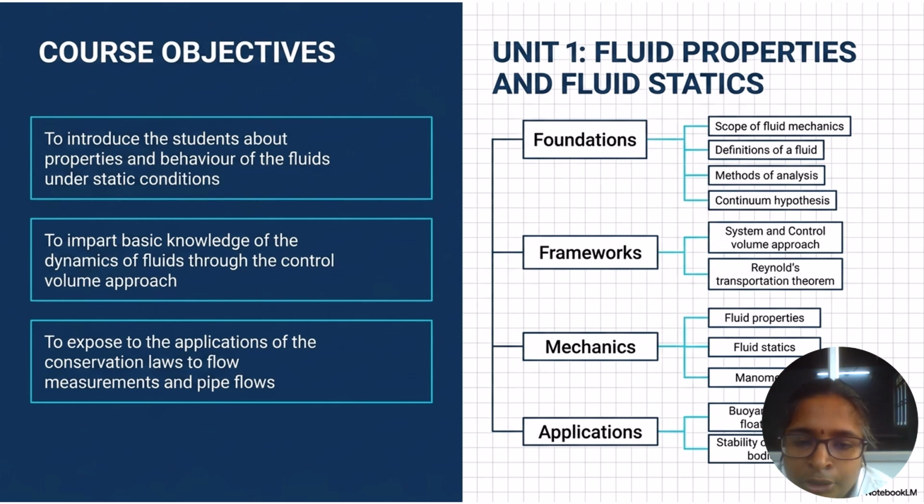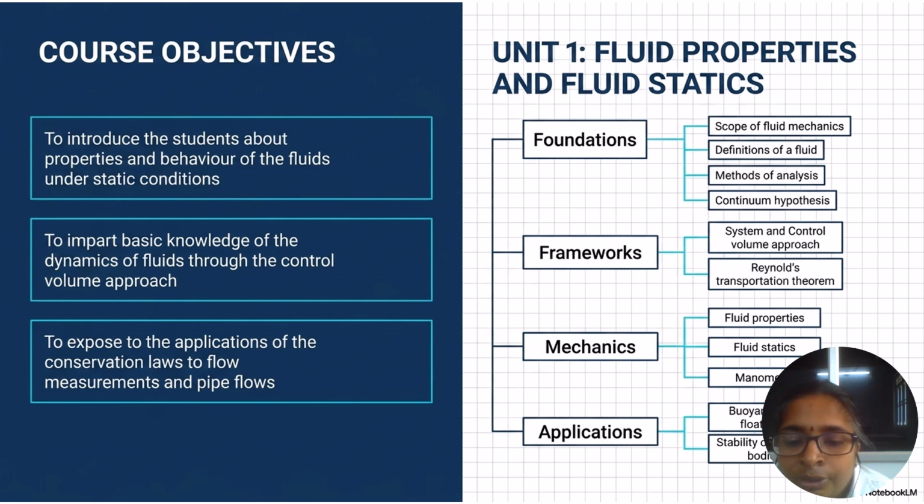And Unit 1 goes with fluid properties and fluid statics, and we will be dealing with four categories, that is foundations, frameworks, mechanics, and applications. In foundations, we will be discussing the scope of fluid mechanics, the definition of a fluid, and the methods of analysis and continuum hypothesis.